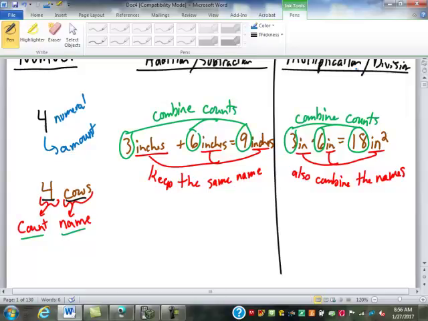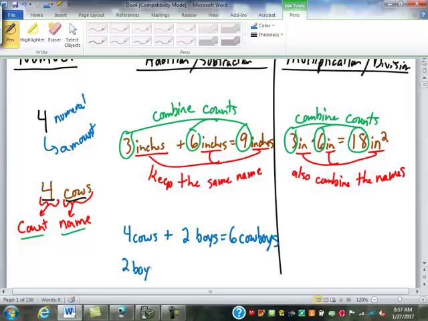In fact, it even limits what we can use in each operation. For example, let's go back to my cows here. Let's say I take 4 cows plus 2 boys. Do I get 6 cowboys? No. That doesn't work, does it?